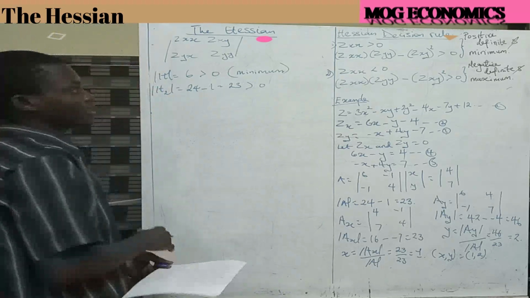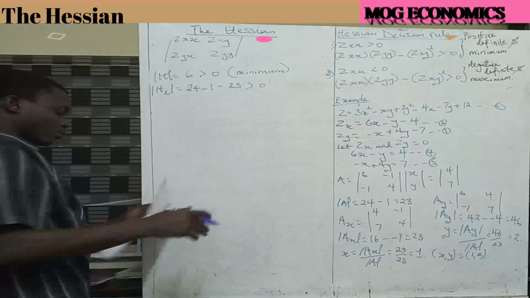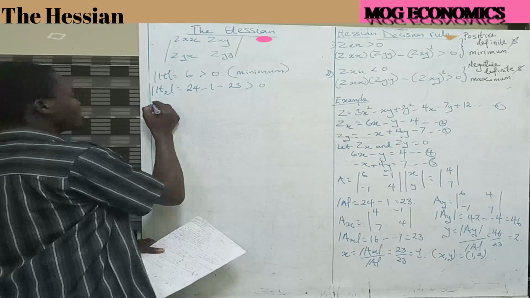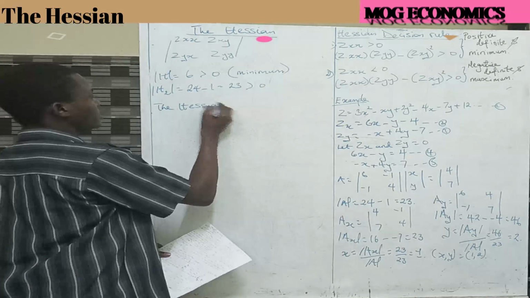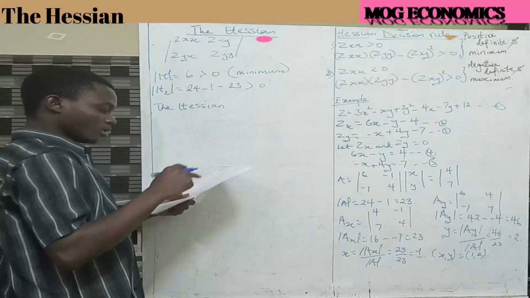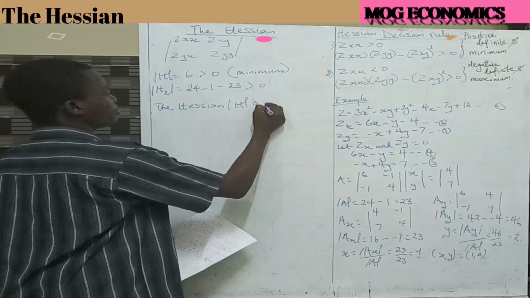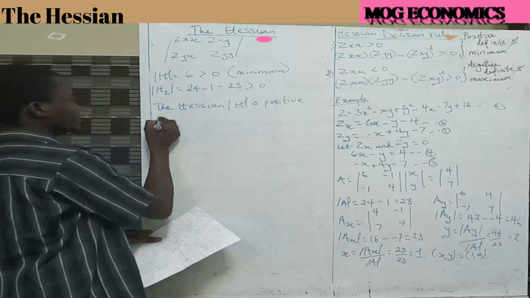Okay, for us the Hessian is positive definite. So we say that the Hessian, which is this h, is a positive definite.